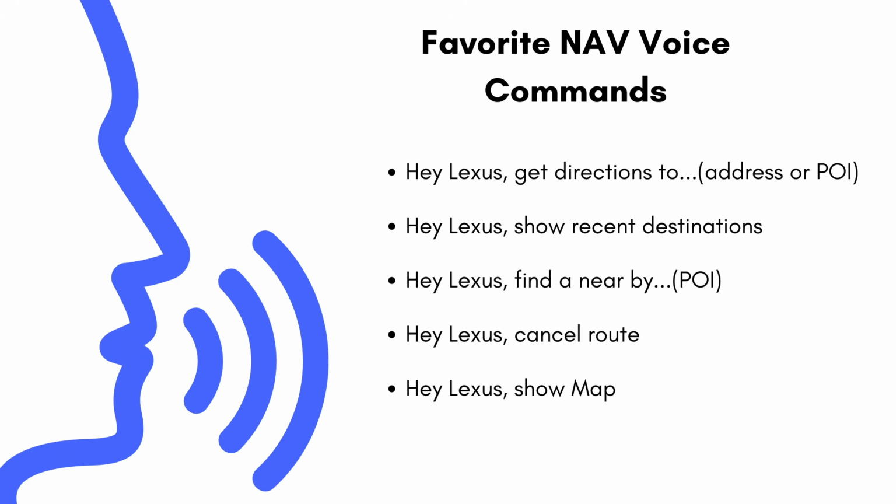Top navigation voice commands to be aware of. Hey Lexus, get directions to, and then you can give the address or a point of interest name, or ask Lexus to show recent destinations to see that list, find a nearby point of interest, cancel the route, or even just ask Lexus to show your map screen if that's what you'd prefer to see.